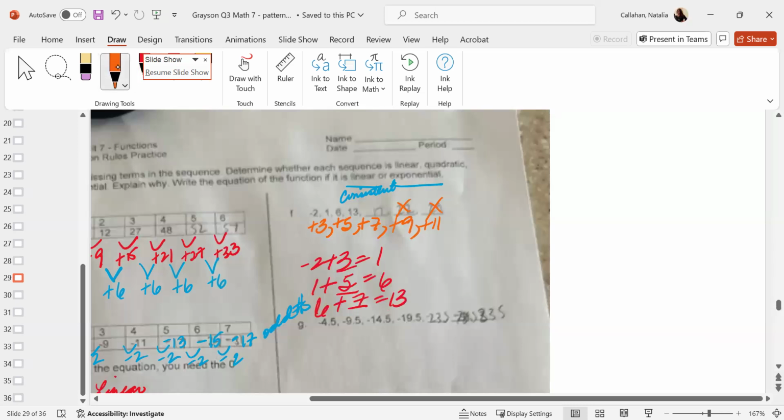Do you see here that it's 3, 5, 7? Those are all odd numbers, right? What's after 3, 5, and 7? 9, because of the difference of 2, right? What's after 9? 11.